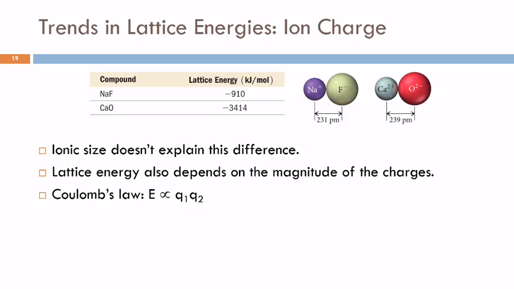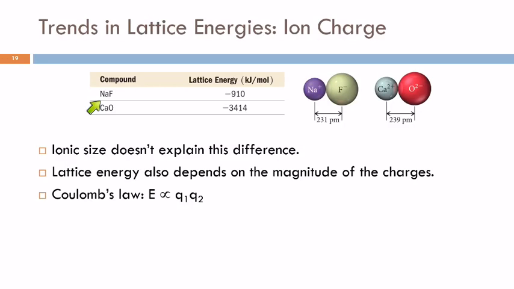We also see an effect of ion charge. Coulomb's law says that that energy is also proportional to the charge on the two objects. So if we have a +1 and a +1, or +1 and -1, or +2 and -2, the one with a +2, -2 charge is going to have 4 times as much potential energy difference as the one with +1.